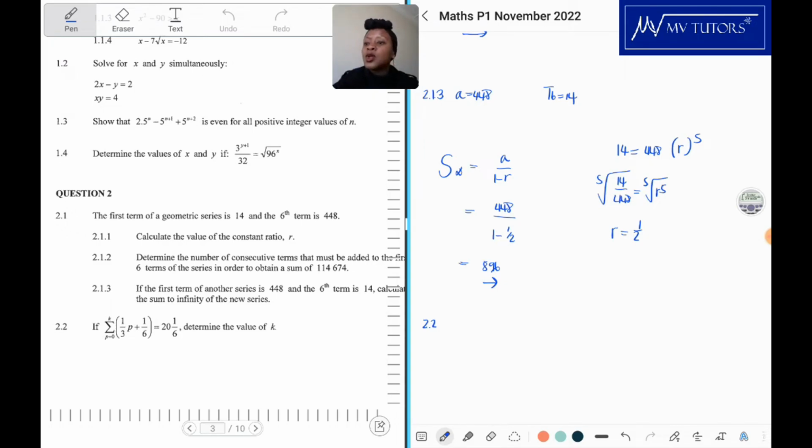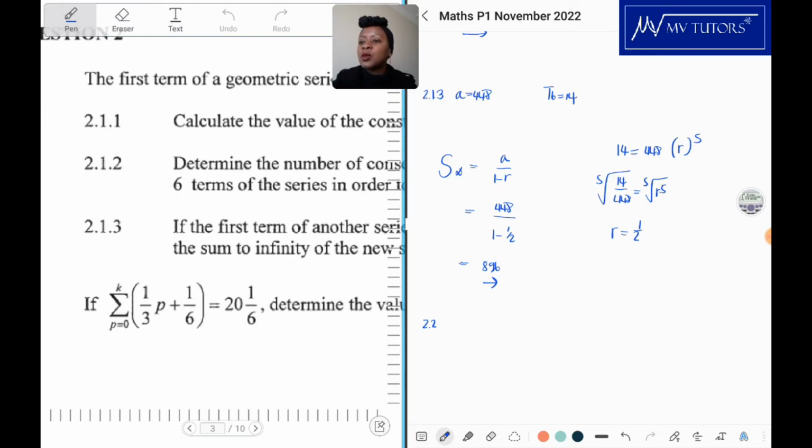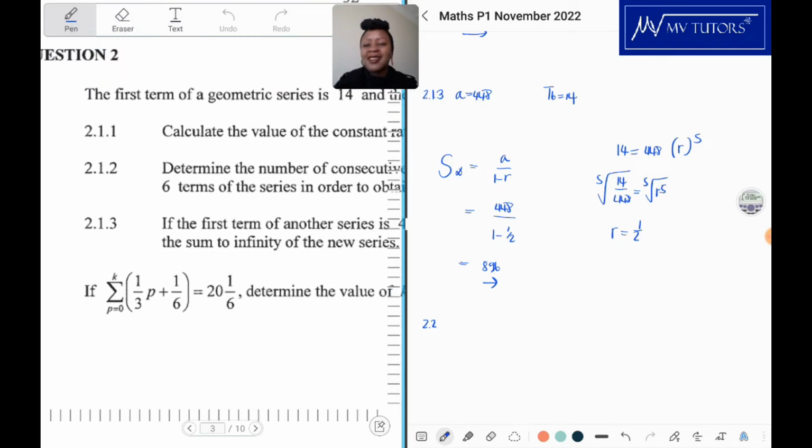All right, so whenever you deal with sums like this, sigma notation, please don't be scared. What it means is you have a term formula where it is a third p plus 1 over 6. Okay, and the sum of all of those terms will basically give you 20 and 1 over 6.